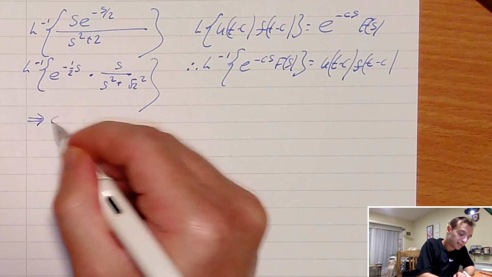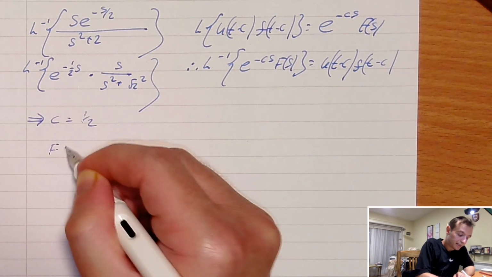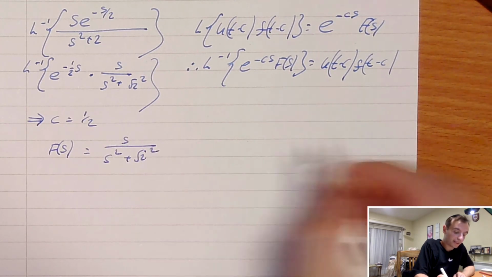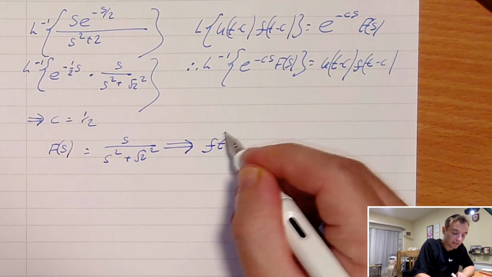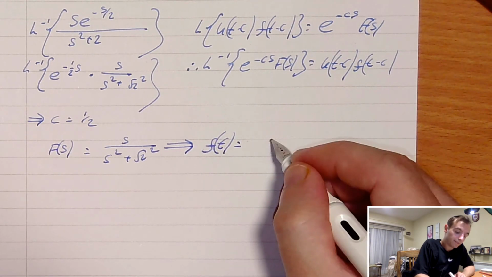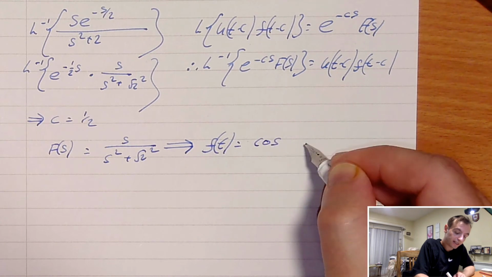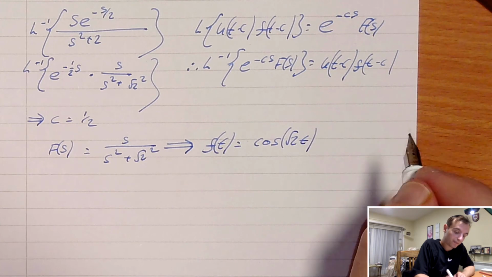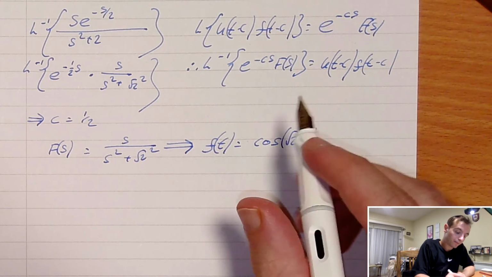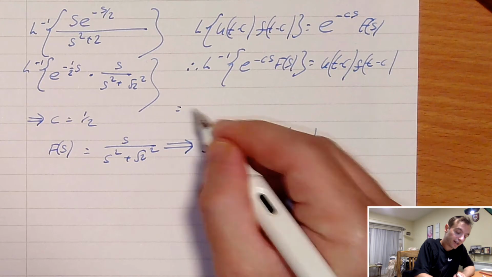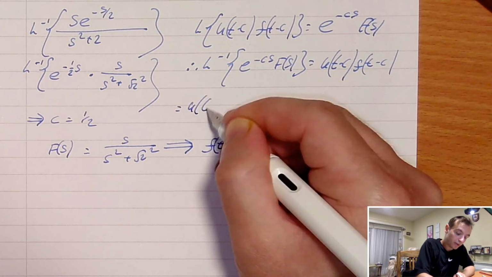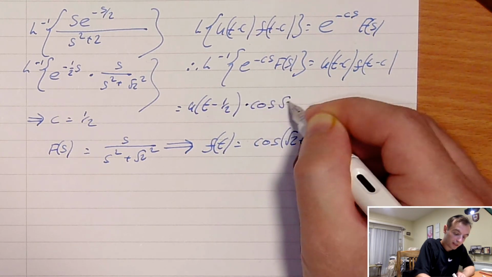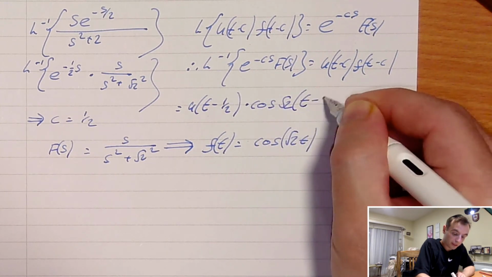So that's going to imply, obviously, that c equals a half, and F(s) equals s on s squared plus root 2 squared, which implies that f(t) equals cosine root 2 t, I believe. And c is a half, so we can say that the final answer is going to be u(t minus a half) times cosine of root 2 (t minus a half).